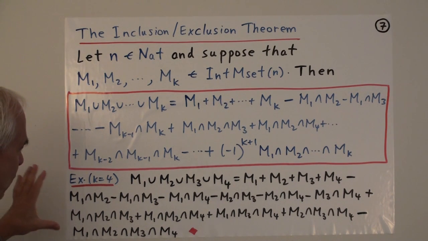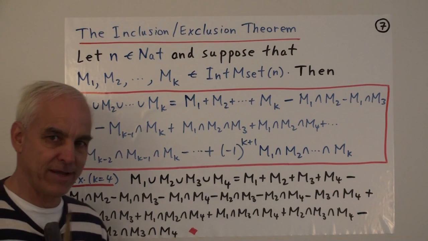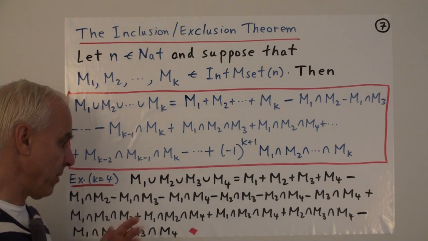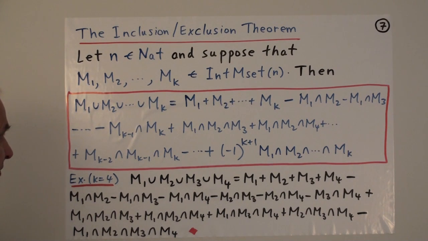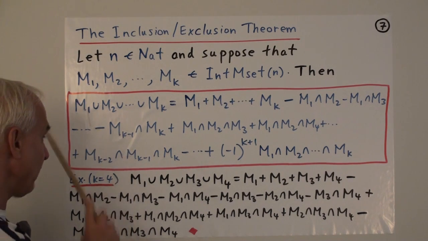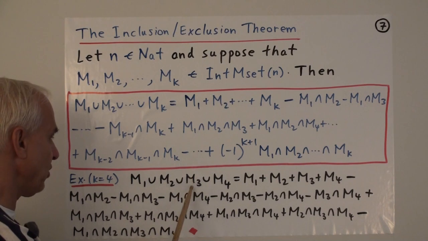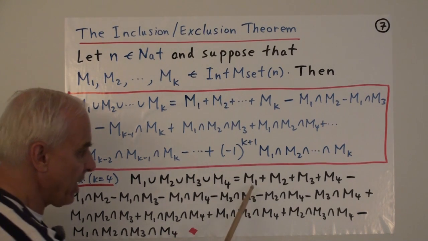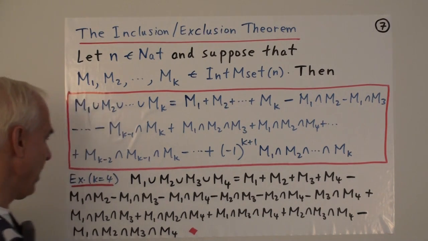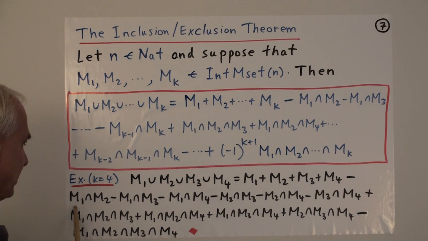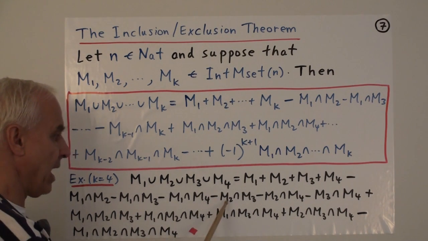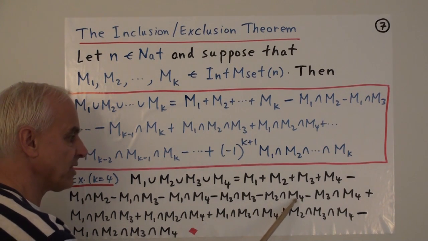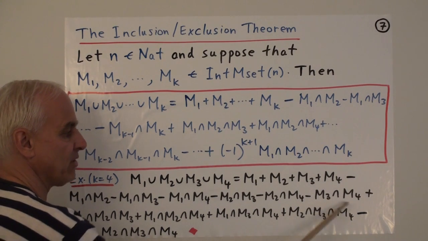So let's have a look at what that actually looks like concretely when k is 4, where we can write down everything rather concretely and we can see all of the terms. So if k is 4, then the left-hand side is m1 union m2 union m3 union m4, and then we have the sum of the m's, and then we subtract all the various intersections. m1 intersect m2, m1 intersect m3, m1 intersect m4, m2 intersect m3, m2 intersect m4, and m3 intersect m4.